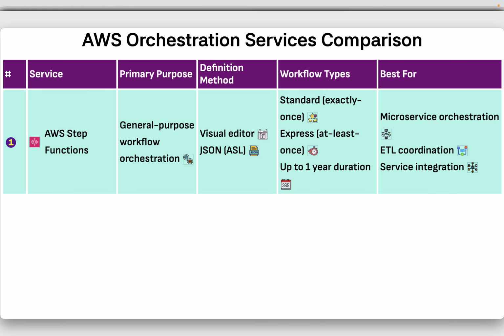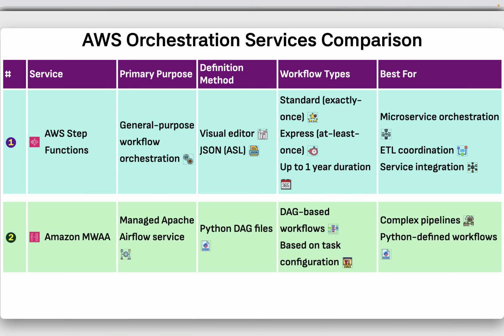Best for microservice orchestration, ETL coordination, and service integration. Next one, Amazon Managed Workflows for Apache Airflow. This is a managed Apache Airflow service. Apache Airflow is a very popular open source framework for orchestration, and Amazon provides this on its own, so you don't have to create an EC2 instance and install the software.